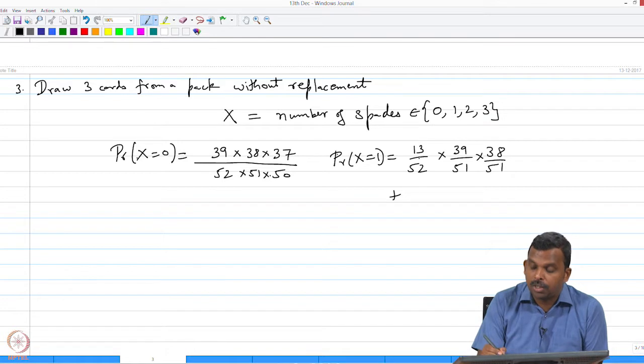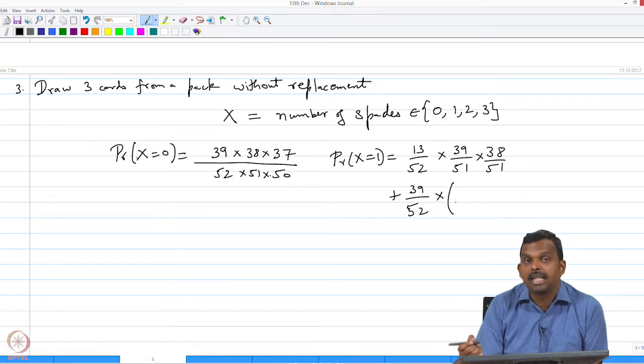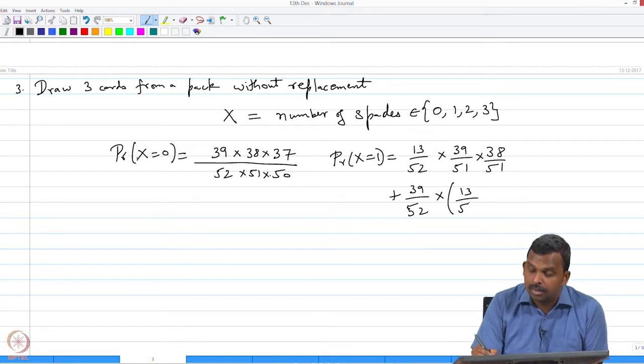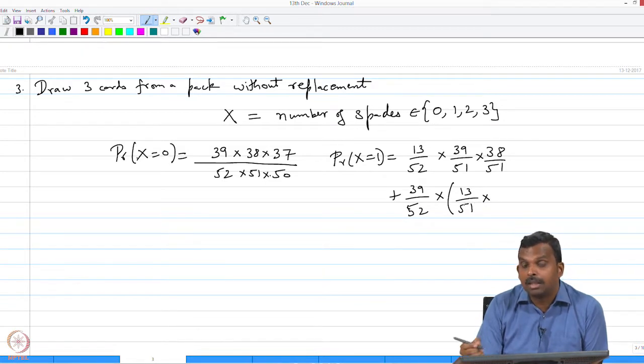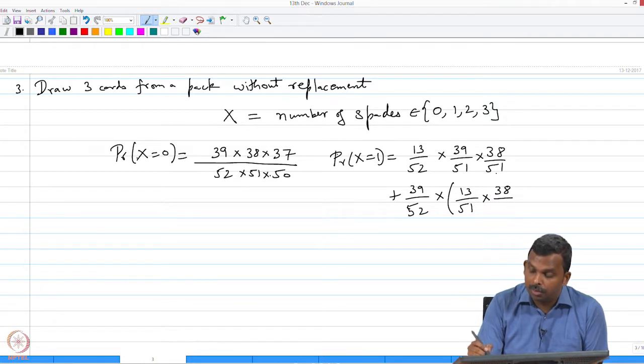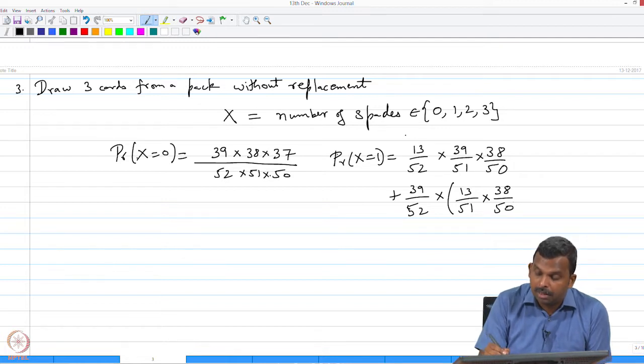Okay. So, that was the first possibility when I picked a spade, or I may not pick a spade in the next possibility. Now, after this, there are 2 possibilities again. My second card could be a spade, which is 13 by 51 probability, and if my second card is a spade, then my third card should not be a spade, right. So, that will be 38 by 50. I am sorry, I put a 51 here, it should be 50. Okay, once again remember, the first is spade, second and third are non-spades.